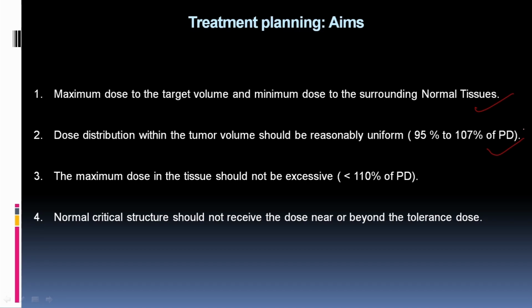And the third point is the maximum dose in the tissue should not be excessive, and they have given the limit of 110% of the prescription dose. So the global maximum dose at any point should not cross 110% of the prescription dose. Means if we want to deliver 100 centigray dose, the dose at any point should not cross 110 centigray.